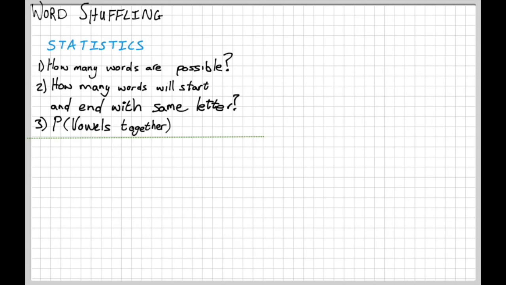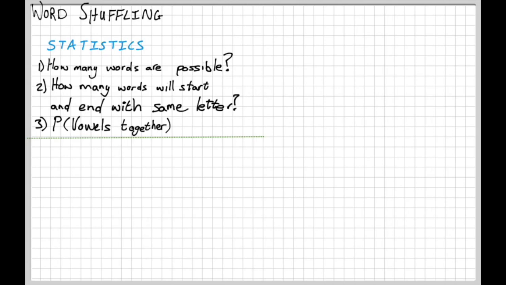And I start shuffling them around. How many words are possible from this shuffling of this word? First question. Second question. How many words will start and end with the same letter? And then the third question, what is the probability in these shuffled words that the vowels will end up being together? Let's start with question 1.